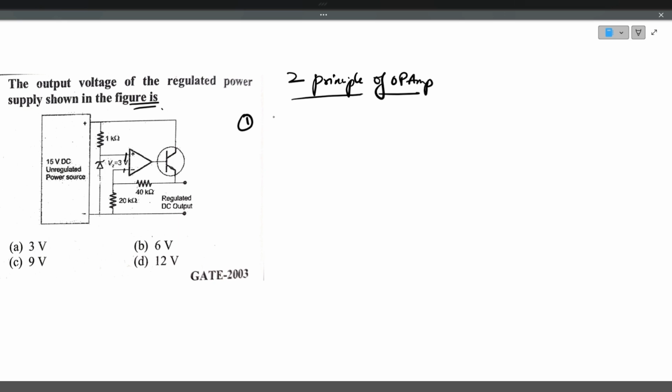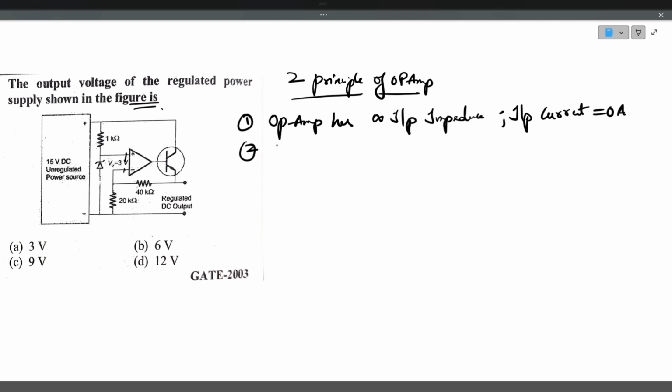First one is op-amp has infinite input impedance. Because of that, the input current in the two terminals will be 0. Second thing, the voltage at the two input terminals of the operational amplifier will be equal.